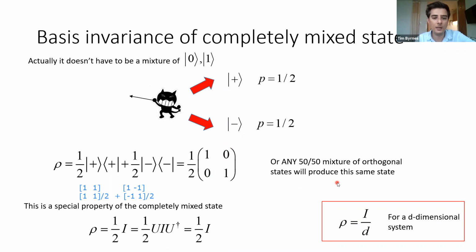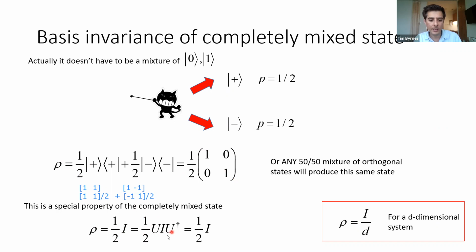So actually any 50-50 mixture of orthogonal states, not just plus minus or 0, 1, in fact any 50-50 mixture, will produce this state. This is a bit of a special property of this particular state, because you could rotate this matrix, and because the density matrix is proportional to the identity, you can see that this is the identity matrix, right?